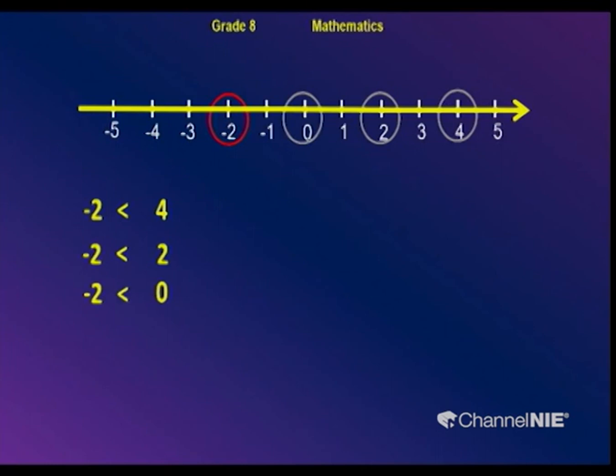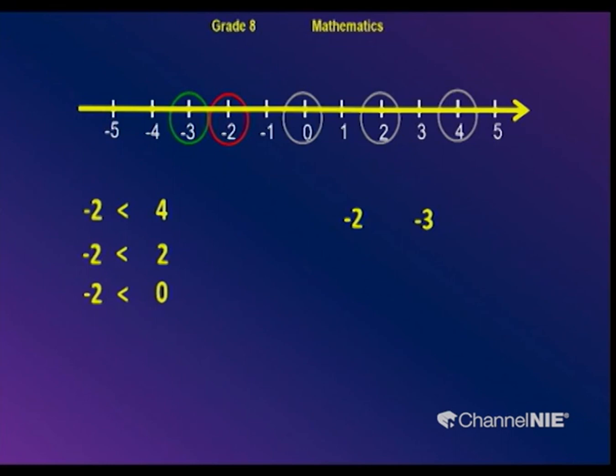All these numbers lie on the right side from minus 2. Then I mark minus 3. This point lies on the left side from minus 2.